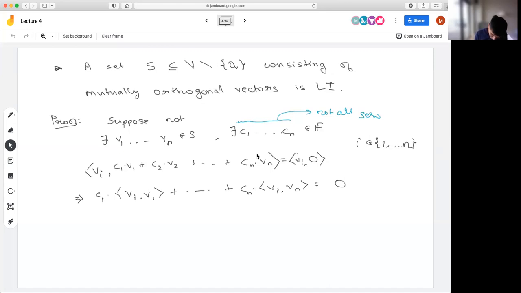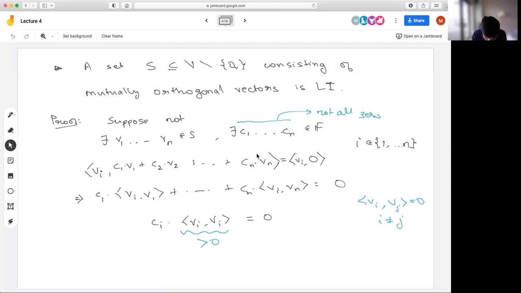Now, these vectors are mutually orthogonal. So we know that vi inner product vj is equal to 0 when i is not equal to j. So the only term that will survive is ci times vi inner product vi. We get 0 on the right hand side. Now this is in particular not 0, because vi is non-zero, and that's because we are starting with a subset of vectors none of which is the 0 vector.